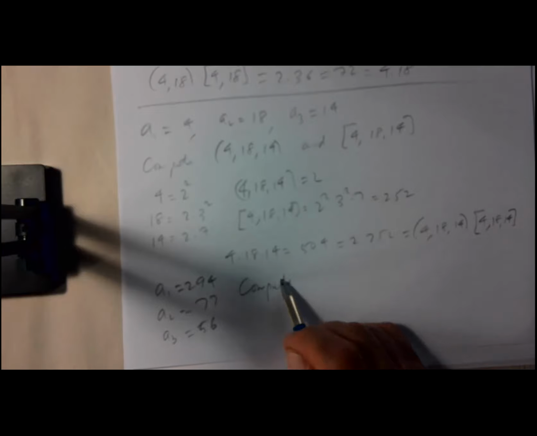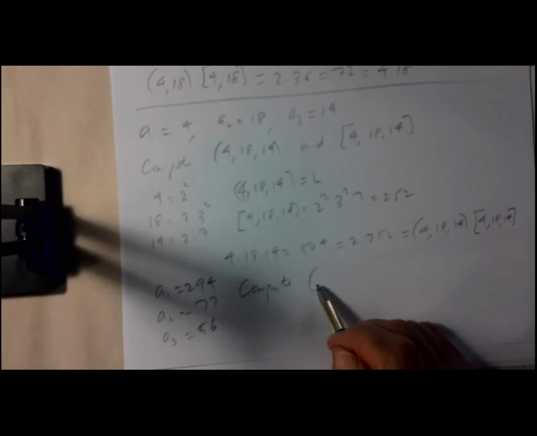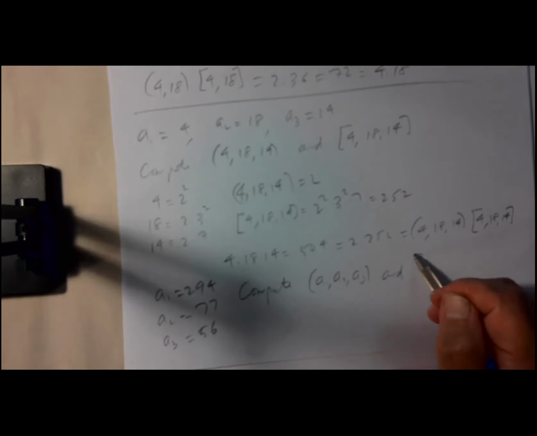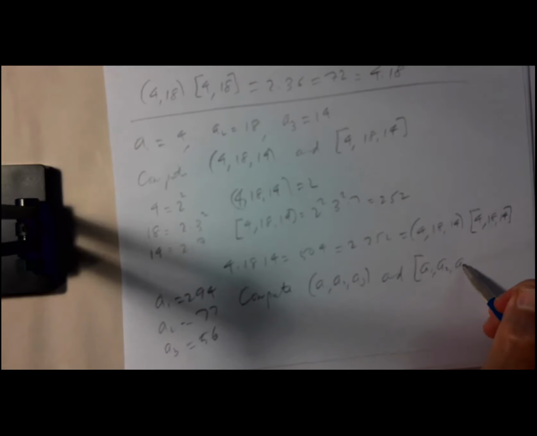So compute the greatest common divisor and the least common multiple. Yeah, I would say spend a minute or two with that.